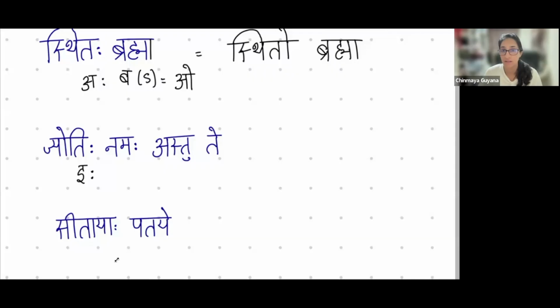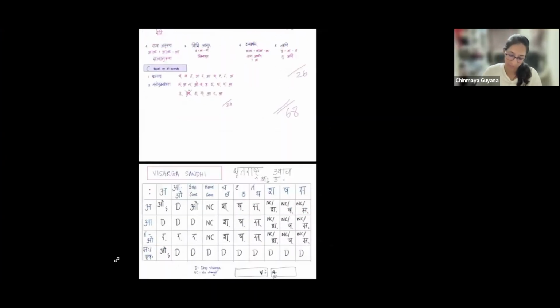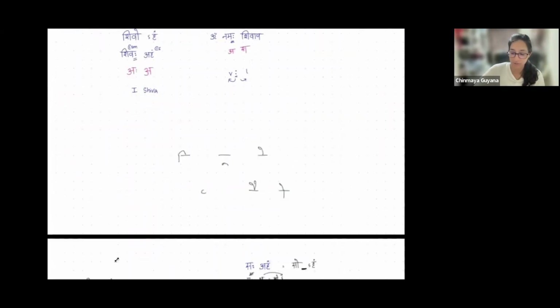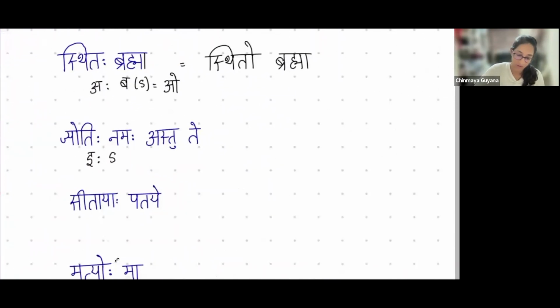It's in the last 3. It is soft. What happens when E meets a soft? E is in this line. Soft is here. So E meeting soft, the answer is R halant. So my visarga is going to turn into a R halant.